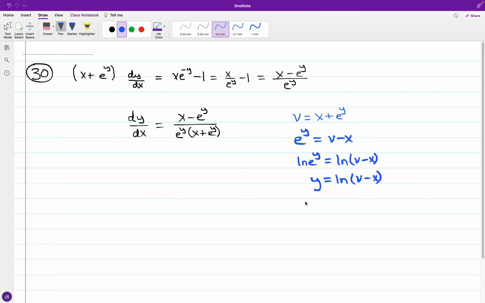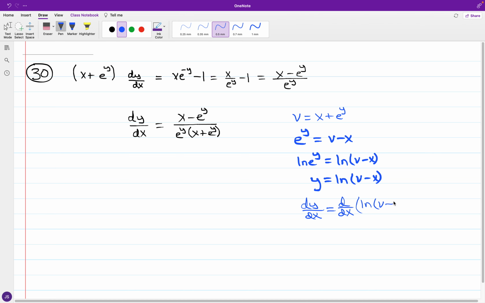Right. So I'm going to take the derivative with respect to x. So dy over dx is equal to the derivative with respect to x of the natural logarithm of the quantity v minus x.